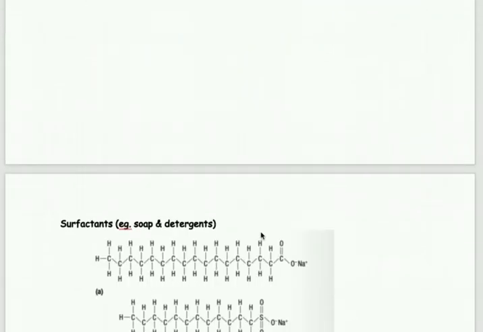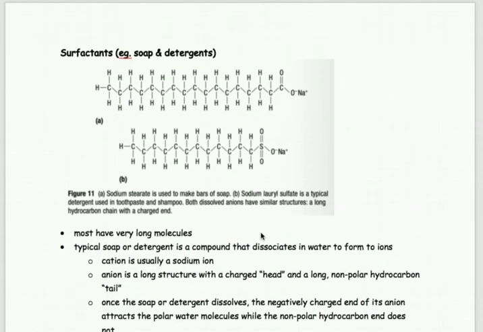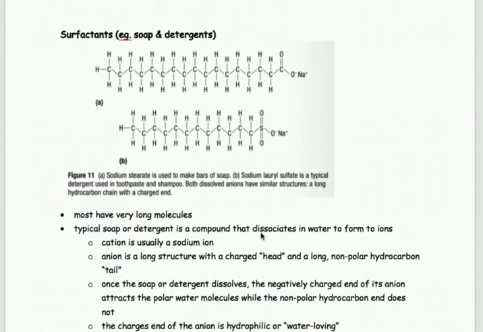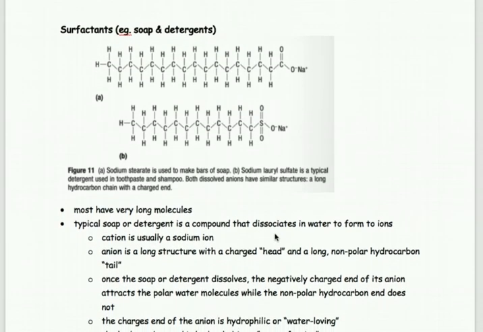I just wanted to talk quickly about surfactants. It's soap. Soap particles actually have both properties of being polar and nonpolar, so it's an interesting compound. If you take a look here, this looks kind of like the hexane, a symmetrical part, which is going to be the nonpolar part.